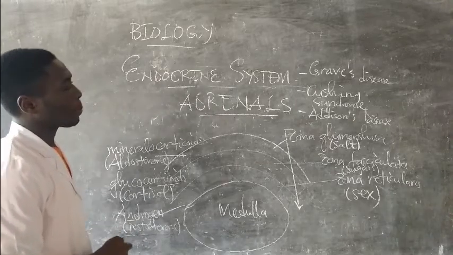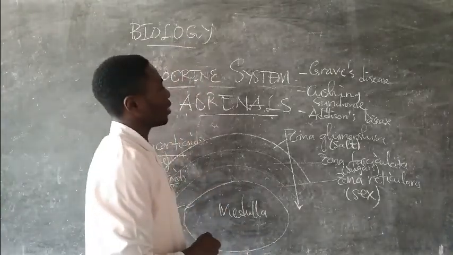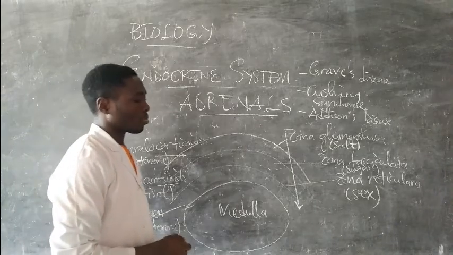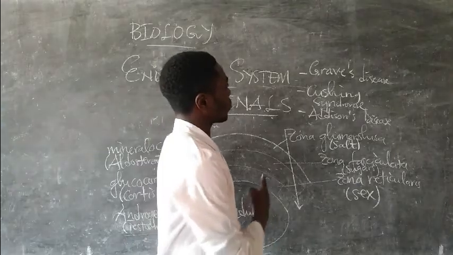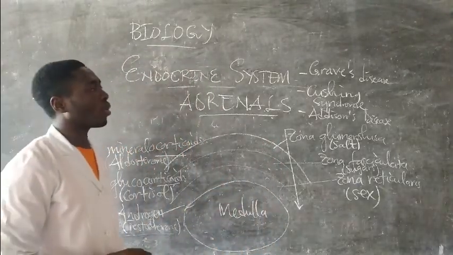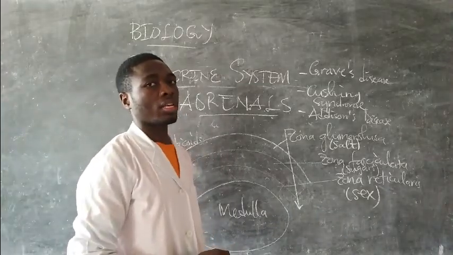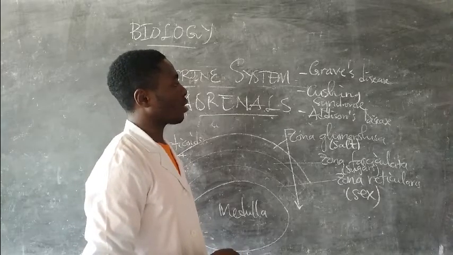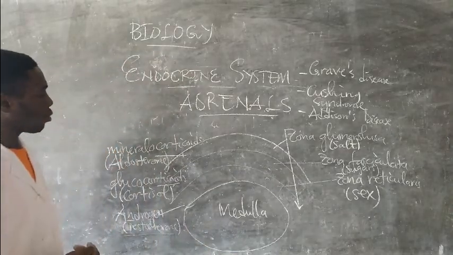And then apart from that, I did not actually mention that thyroid hormone deficiency can cause what we call myxedema. It can cause myxedema in children, and so we can move ahead.